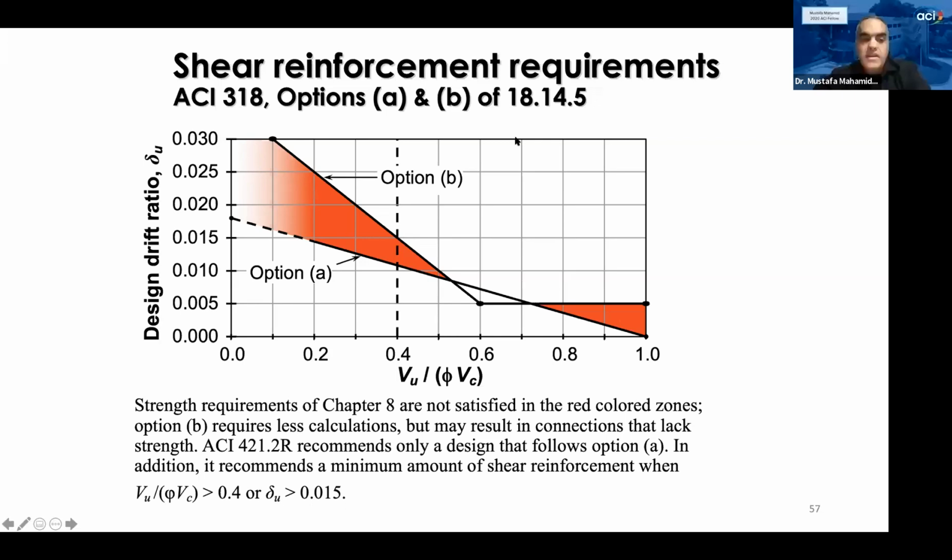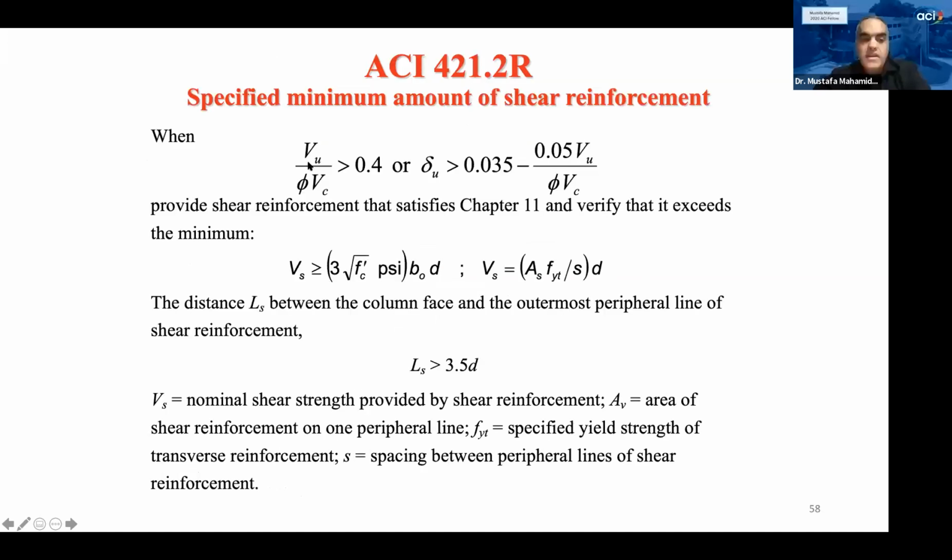So when this ratio is greater than 0.4 and delta u is greater than 0.035 minus 0.05 times the ratio of the shear stress over the design capacity, provide shear reinforcement that satisfies the requirements which we talked about before: the extension, the amount that is required to be applied.